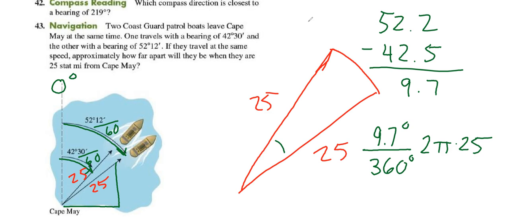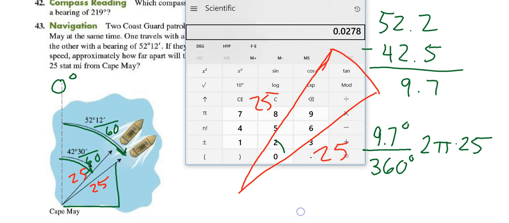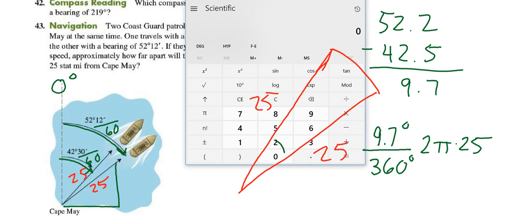And if we use our handy dandy machine, which I need to use the right tool, let's clear that off, and we'll do 9.7 divided by 360 equals that times 2 pi times 25.